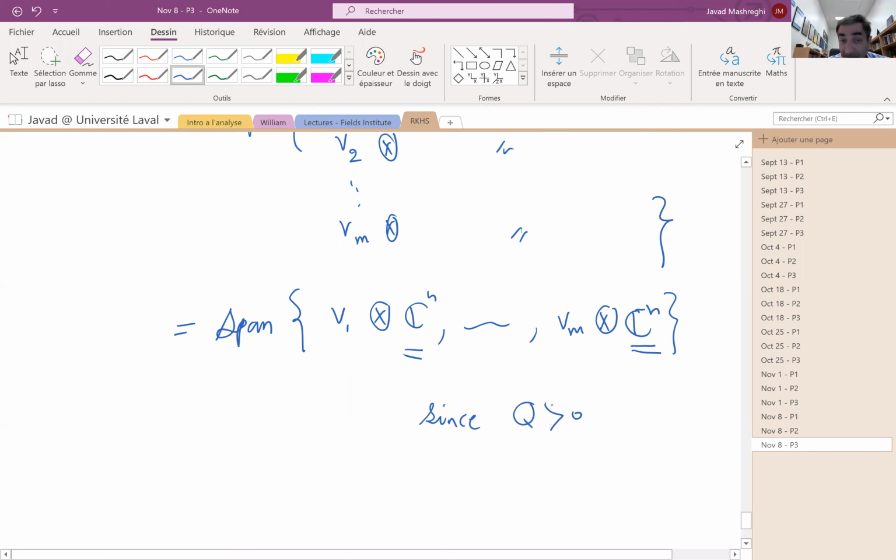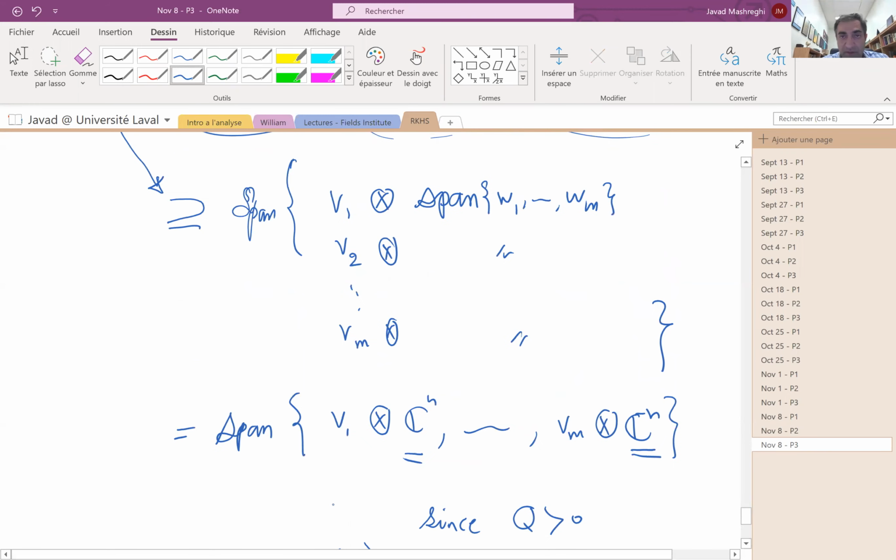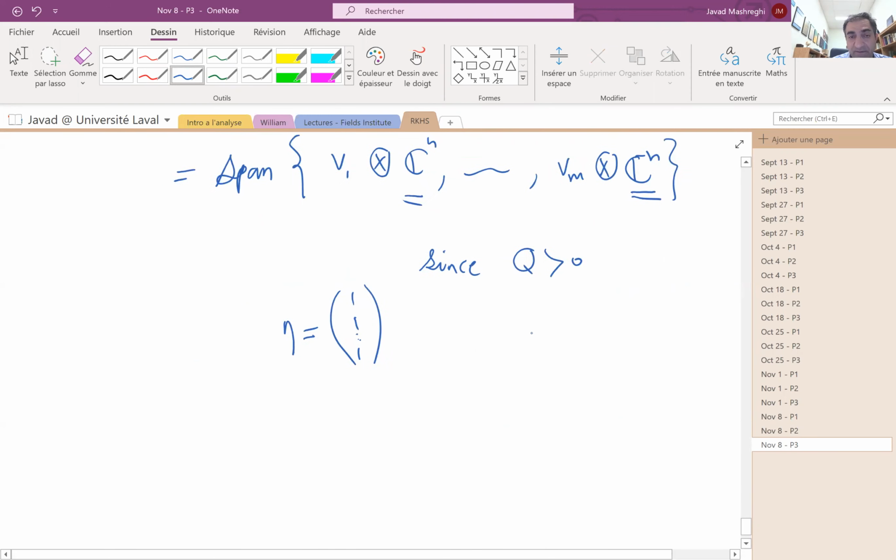Anything. In particular, I can create eta equal to (1, 1, 1) transpose. Let's keep our tradition, we usually write a vector like this. I can create a vector with all its elements equal to 1. So I choose my combination here to create eta, the same here, I create eta, the same here, I create eta. So it will be a span.